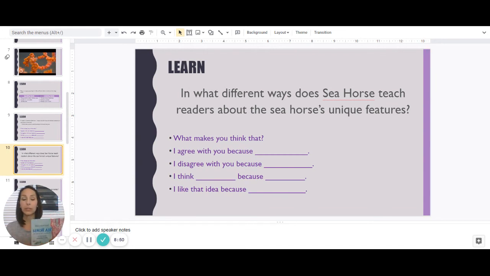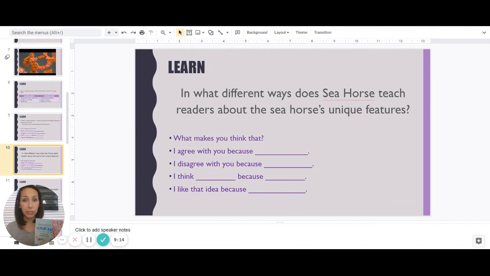Remember, we talked about some of the text features in this text, like the index, or the different text size and text location and how that can help readers to learn more. So I want you to try to focus on something specific from the book, which is why I said it might be helpful to have a copy to look through.